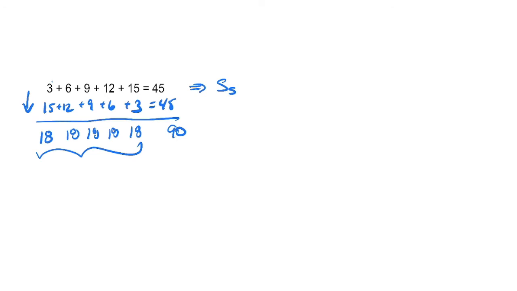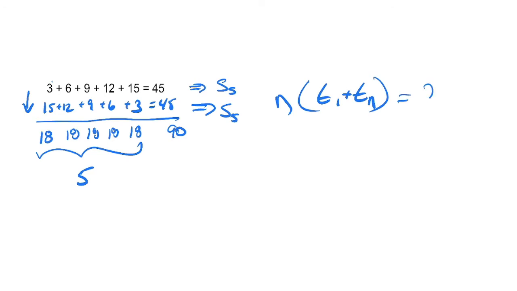Well, how many terms do we have here? Well, that's going to be 5. So we know that this is going to add up to S of 5 as well. So what we discover here is that if we add the first term and the last term together, and then we multiply by the number of terms that we have, in this case 5, we're going to get twice our sum.